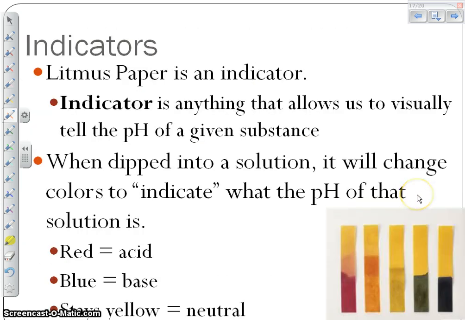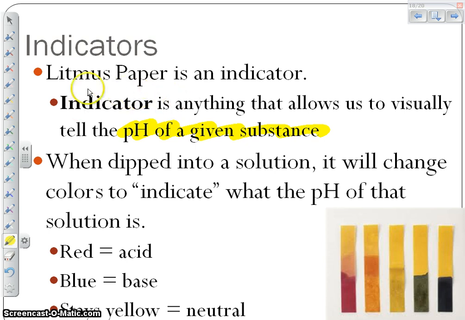Okay. And as we work our way down, there are generally ways that we can determine what strength an acid or base is without actually touching or tasting, because those would be terrible when we're trying to figure out the strength of acids or bases. We can use things called litmus paper as an indicator. And indicators are things that allow us to visually tell the pH of a given substance.